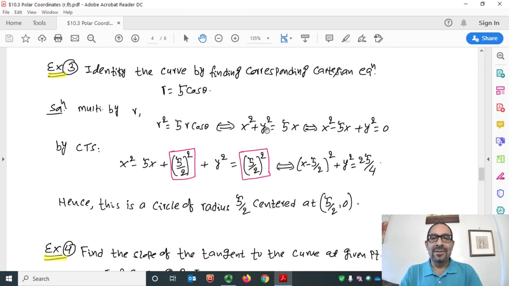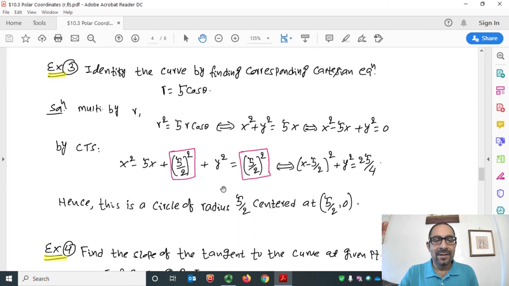Let's rewrite this one. Bring 5x to the left side. Then this becomes x squared minus 5x plus y squared equals 0. Then by completing the square, here we have x squared minus 5x plus the magic term. This magic term is the coefficient of x divided by 2, squared, and we add this term to both sides, y squared as it is.